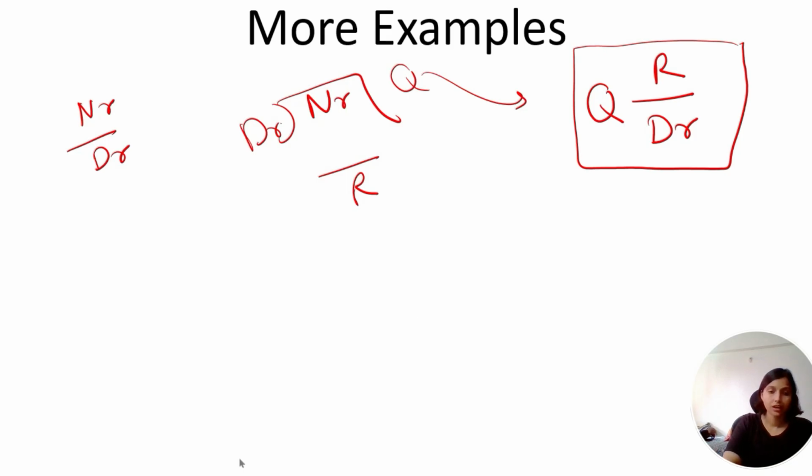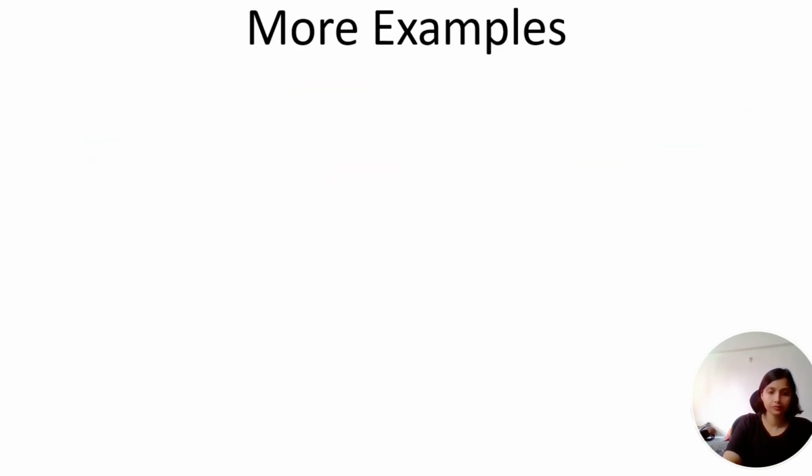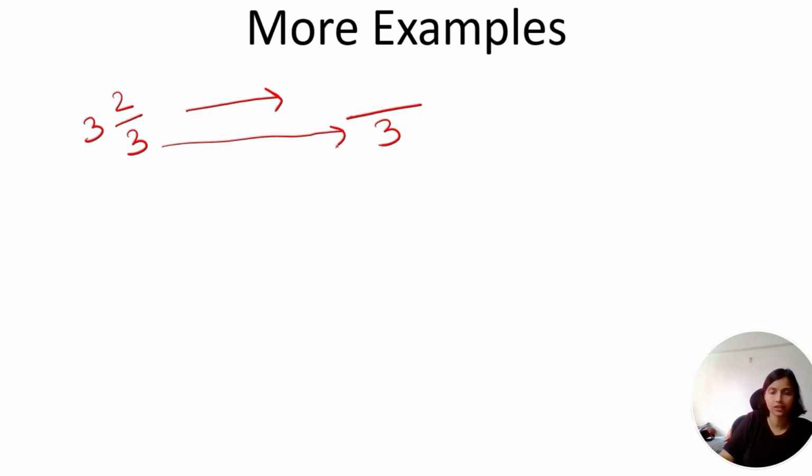Now let's see how to convert a mixed fraction into an improper fraction. Suppose I have this mixed fraction, 3 2 by 3. To convert it into an improper fraction, the denominator will remain the same. 3 will remain as 3.